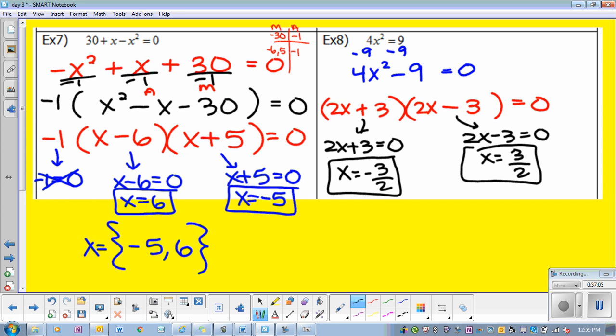Yes? And then in my solution set, you can write them out separately, but since it's the same number, and one's positive and one's negative, I'm going to put plus or minus 3 halves.